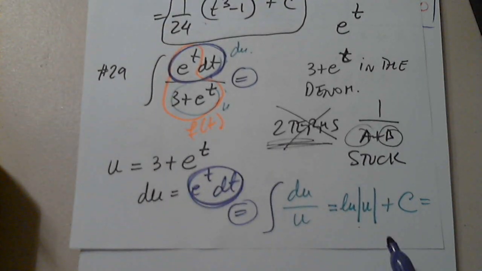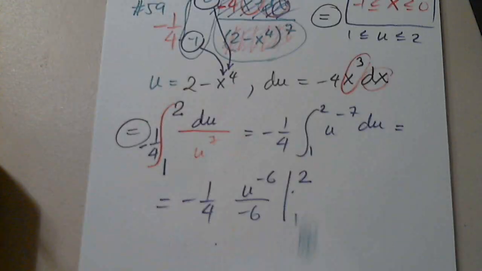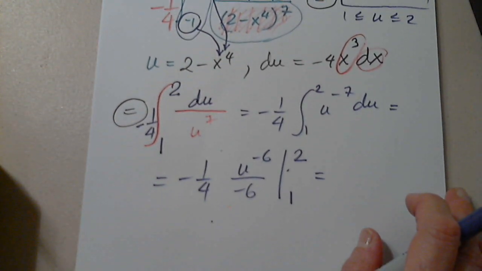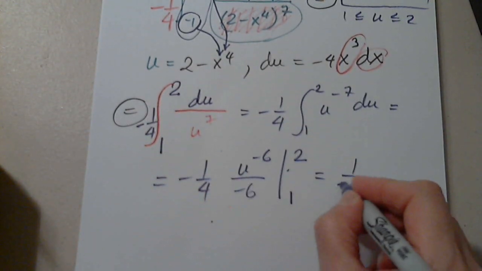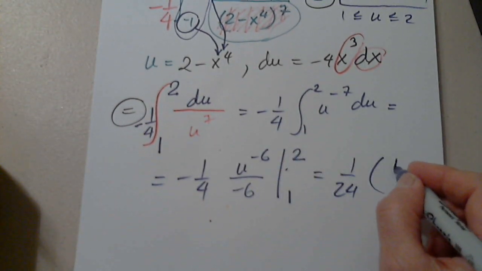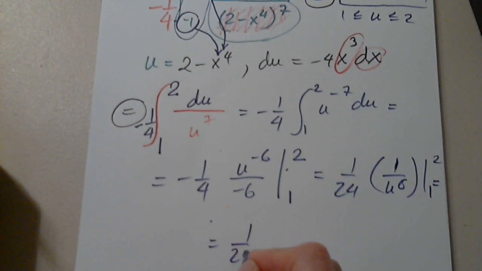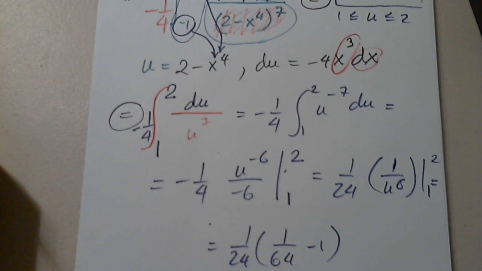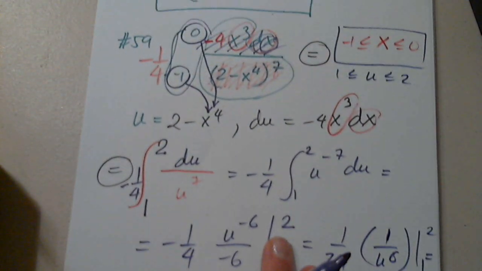I cannot give the answer in u if the integral has x in it. But when it comes to definite integrals, the answer will be a number. It doesn't matter how we find a number. So this is 1 over 24, 4 times 6 with a negative, and this is 1 over u to the 6th from 1 to 2. So 1 over 24, when I plug in 2, I think I get 64 minus 1. Whatever that number is.